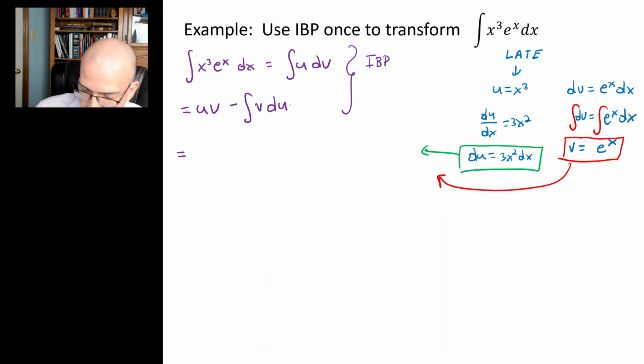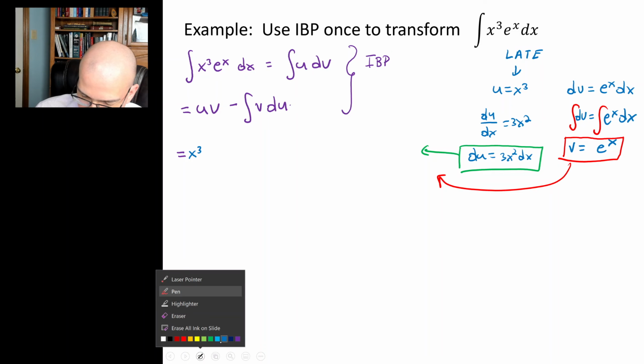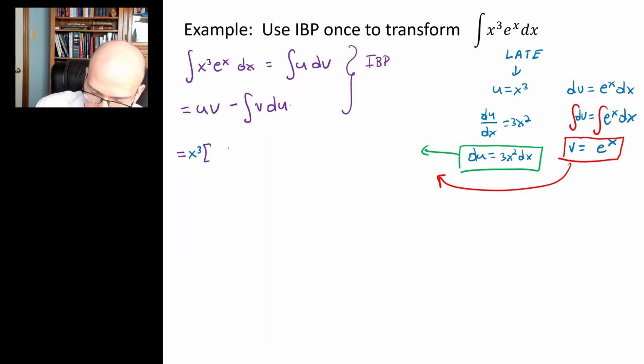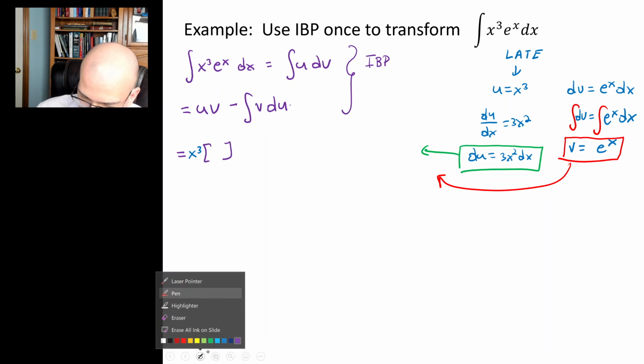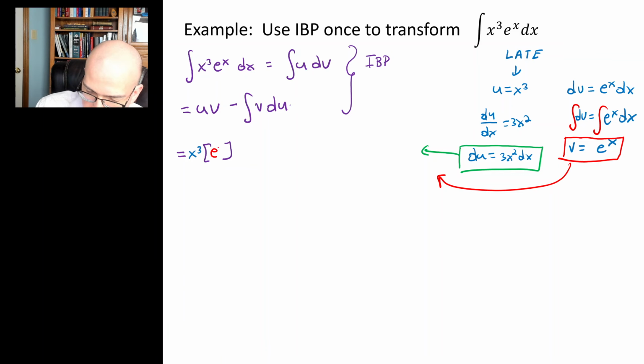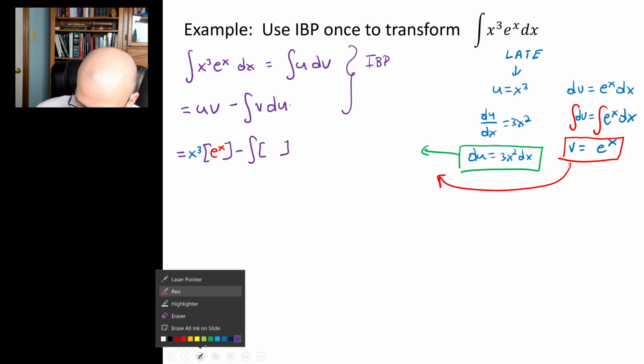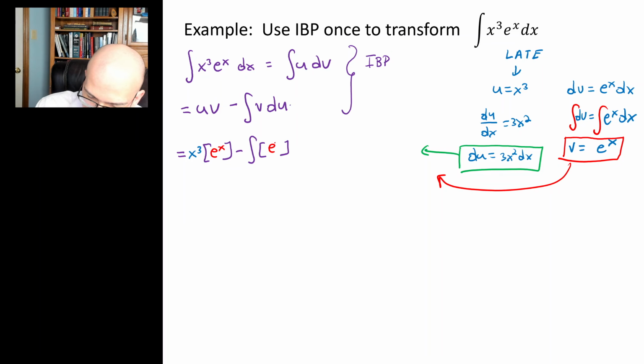So u is equal to x cubed. And then v, we found, was e to the x. Minus integral of v, which is e to the x, once again. And then du is 3x squared dx.